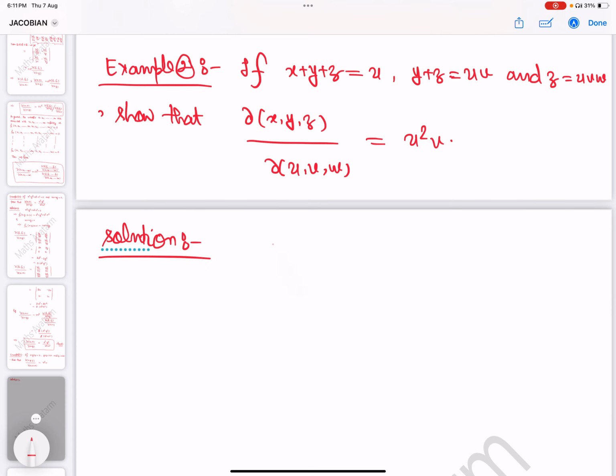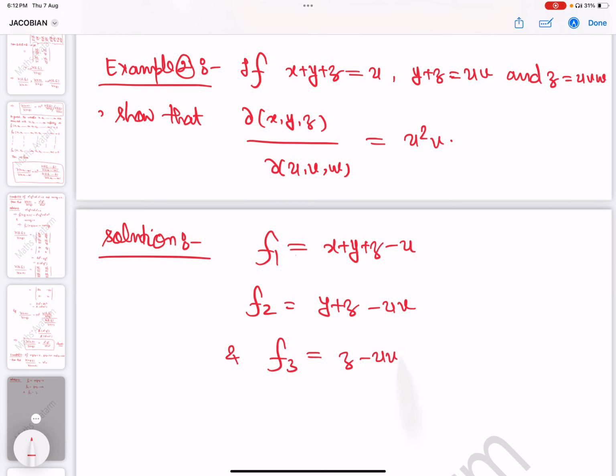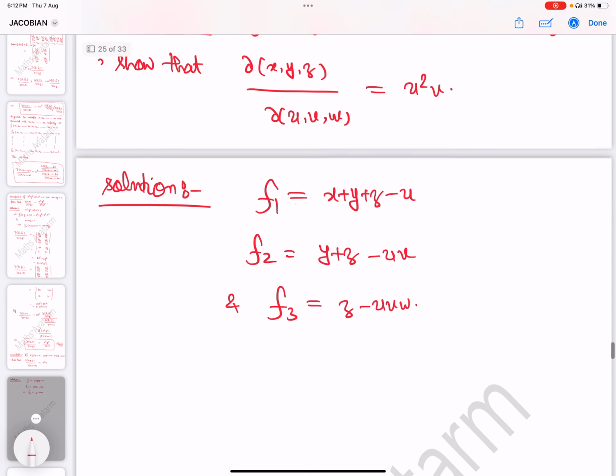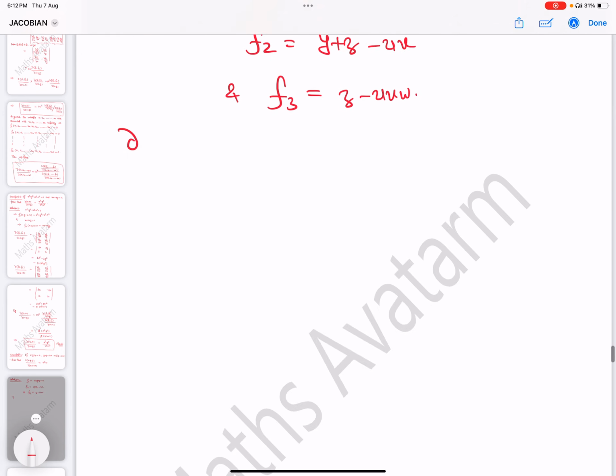What is f1? f1 is equal to x plus y plus z minus u. f2 is equal to y plus z minus uv and f3 is z minus uvw. So del (f1, f2, f3) with respect to (u, v, w), what is that?